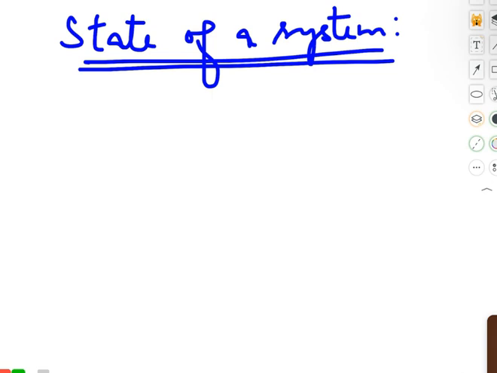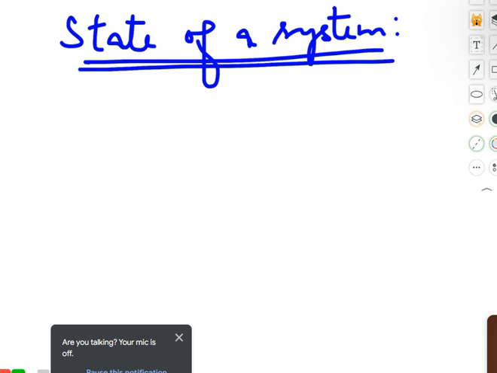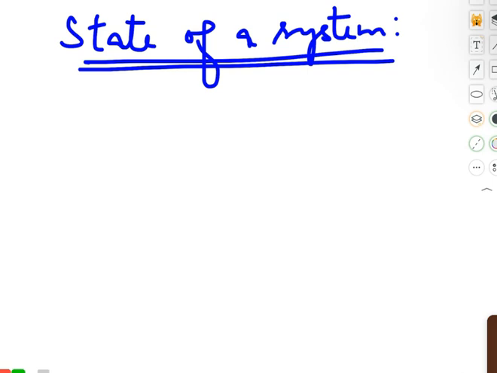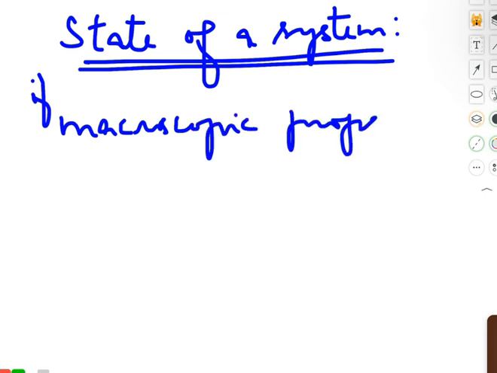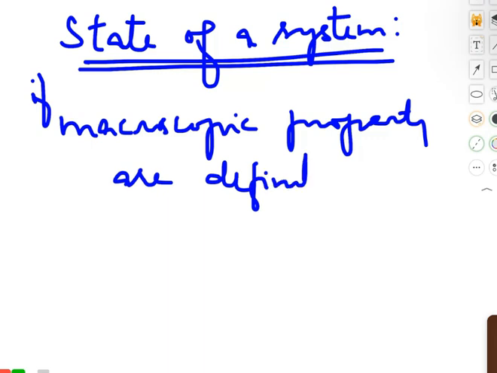If the macroscopic properties are definite, then the state is said to be a definite state.